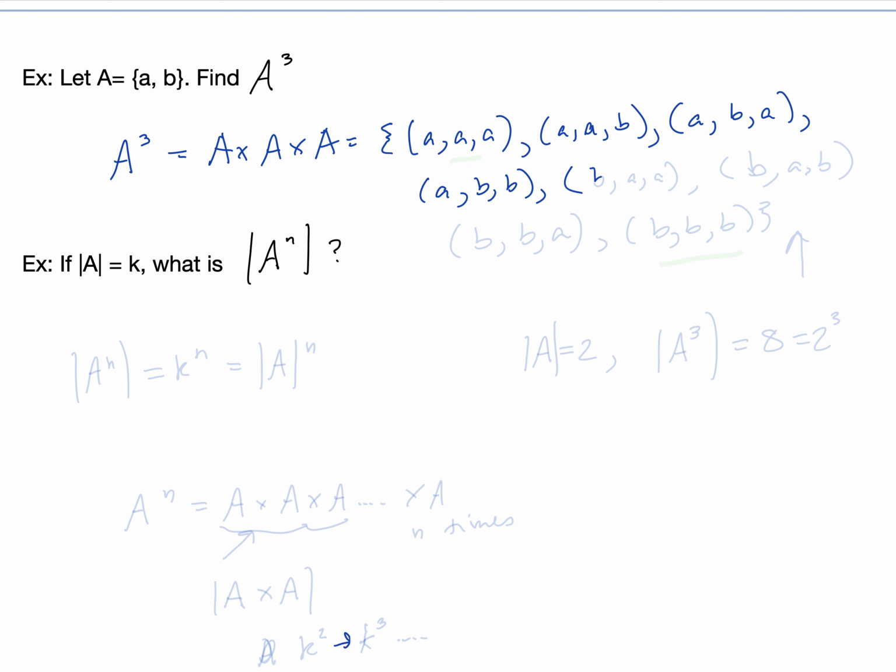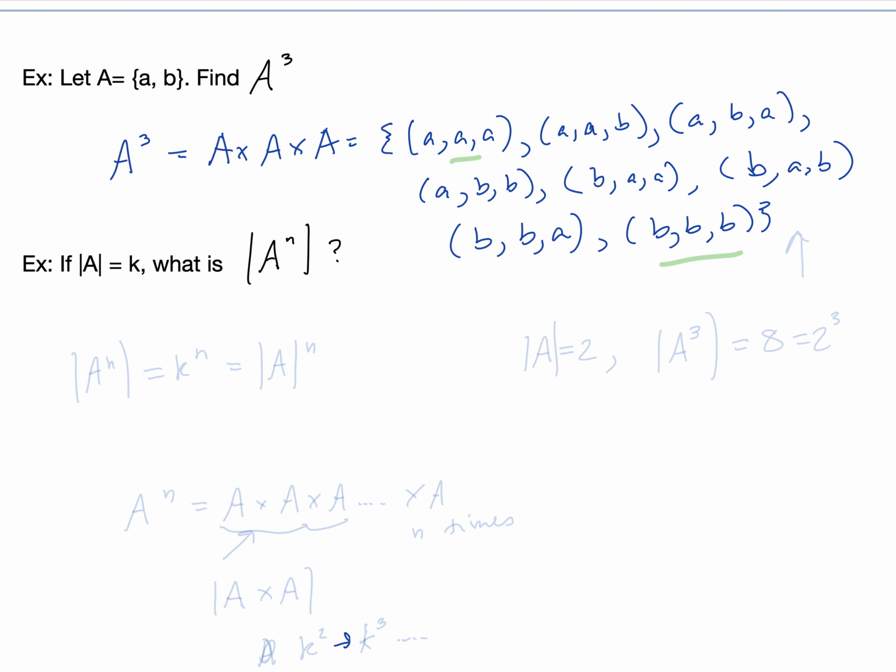Another element (b, a, a). Another element (b, a, b). (b, b, a). And finally (b, b, b). So those are the 8 elements in the Cartesian product of A with itself 3 times, the 8 elements of A to the 3rd. And remember that the order in which you list the elements does not matter, so if you'd put this first and that second, that would be fine.